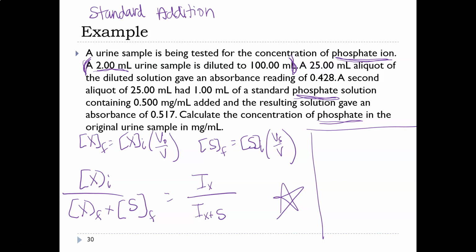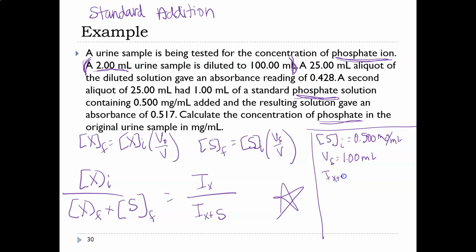So for our values, Si, which is the concentration of the standard, is 0.500 milligrams per milliliter. The volume of the standard was 1.00 milliliters.